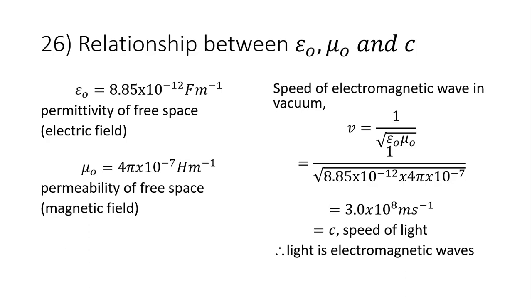Calculation of the speed of light. We got these two values, epsilon naught and mu naught, and the value calculated is the speed of light. So it means that is the speed of light, and light is an electromagnetic wave. That's what the relationship tells us.